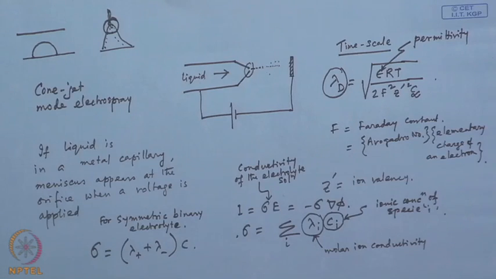Lambda I is the molar ion conductivity, that is equal to F square Z I prime square V I, where this V I is in turn related to the diffusivity of the ion.